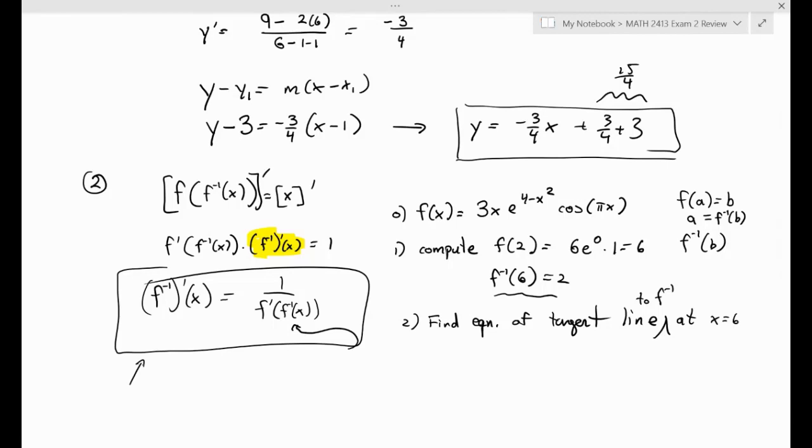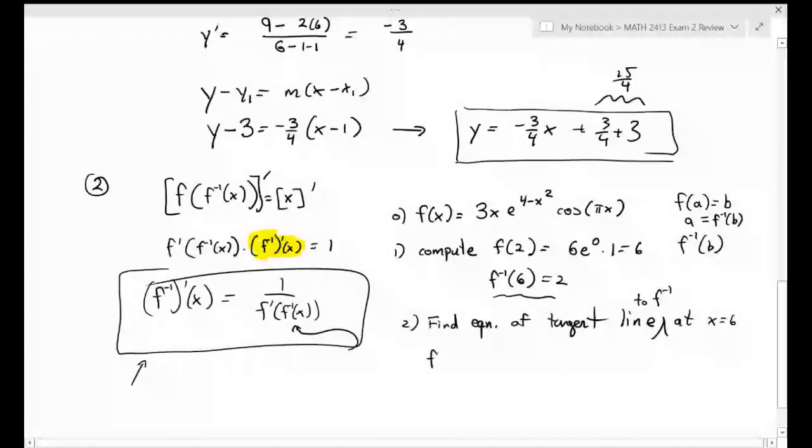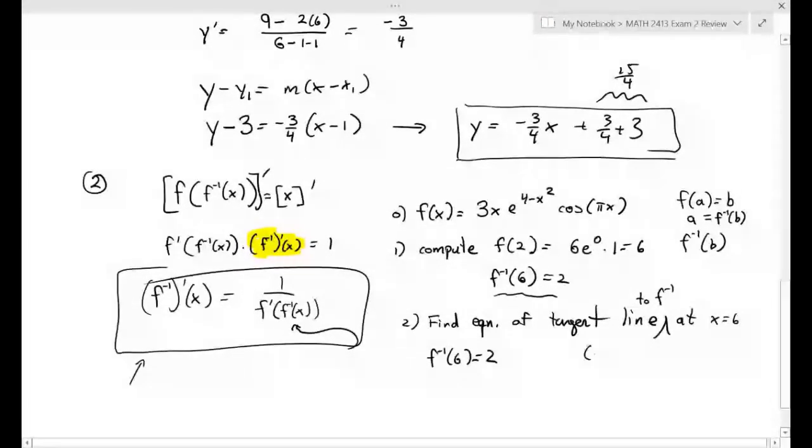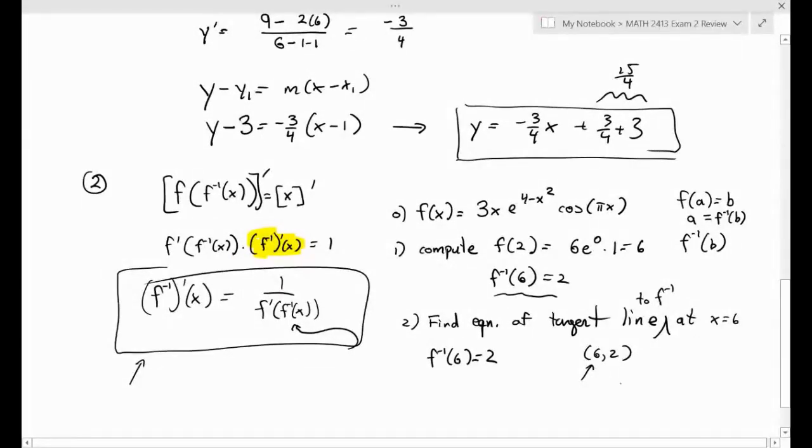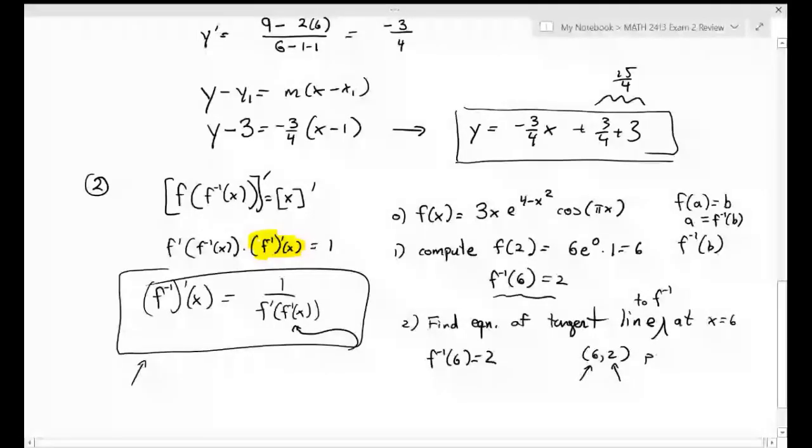Okay, so what's our point? Well, we know that f inverse at 6 is equal to 2. So our point on the graph is (6, 2). Remember that x here represents the argument of the inverse function, and the y coordinate is the result, right? So we have a point.